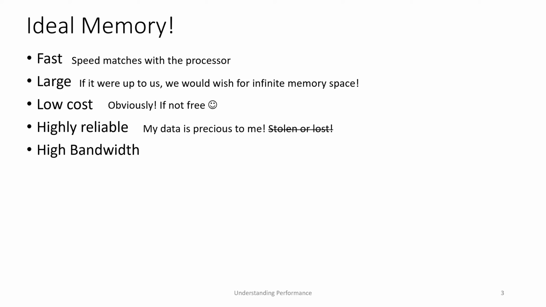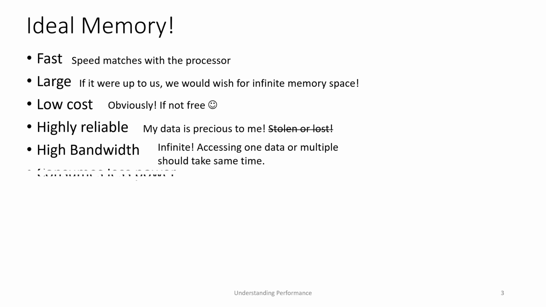And we want it to support multiple queries at the same time, meaning that if we want multiple data items, the memory box, the black box that we are looking at, should be able to supply the data in parallel, right? That's where the bandwidth part comes into the picture.